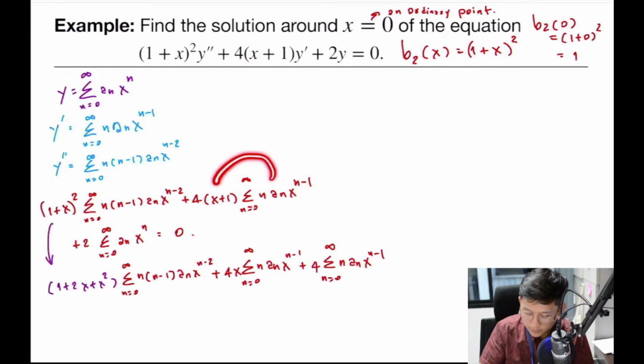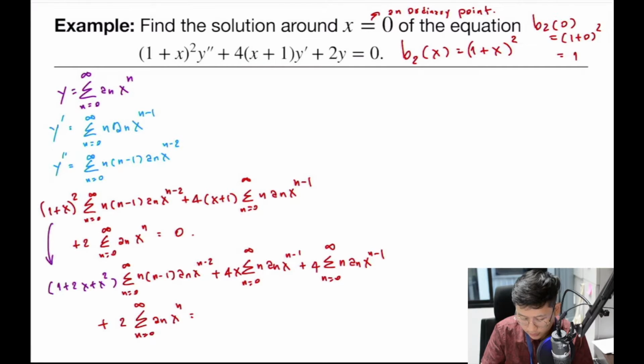You know that I just distribute that in there. So I get 4x and this guy, and 4 times 1, which is 4, and this guy. And then plus 2 times the sum n from 0 to infinity a_n x to the n equals 0.